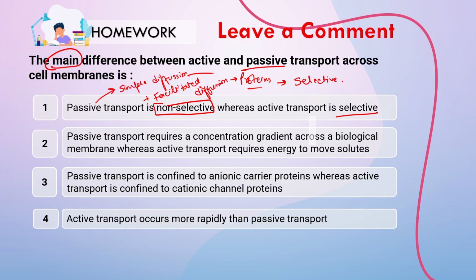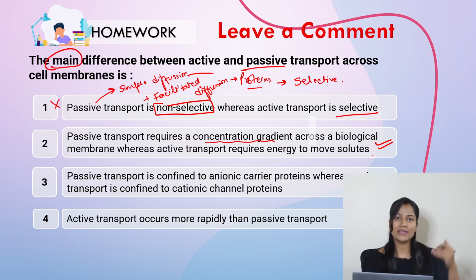So the first statement is not correct. The next one: passive transport requires a concentration gradient across a biological membrane, whereas active transport requires energy to move solutes. This is correct for passive transport, which includes simple diffusion and facilitated diffusion. A concentration gradient should already be present, right? It's not going to create the concentration gradient.